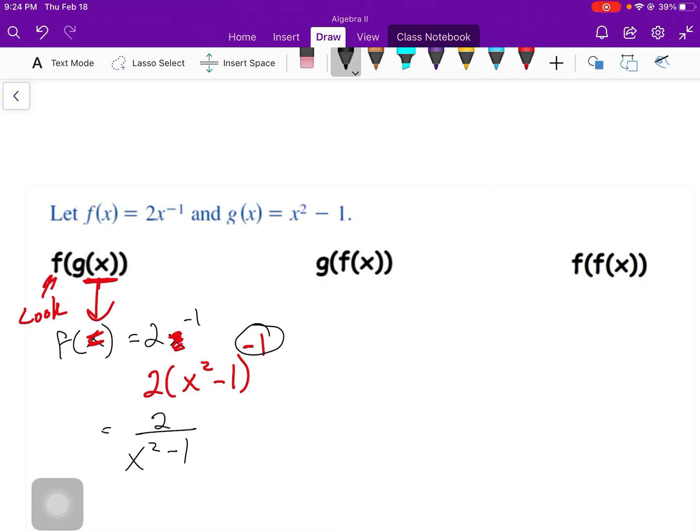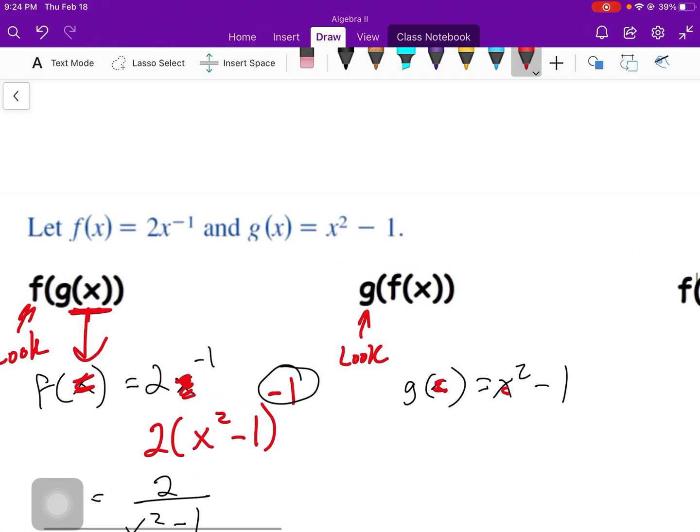Now if I flip it around and go g, again, I'm going to look to the outside. Function g of x is x squared minus 1. So now I'll take the x out and replace it with f of x, which is 2x to the negative first.